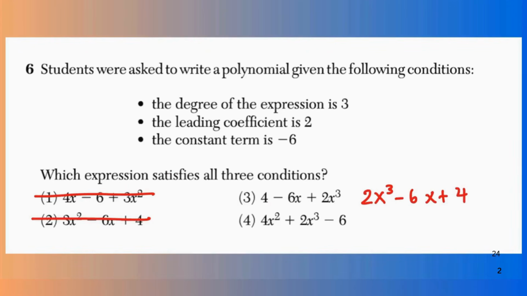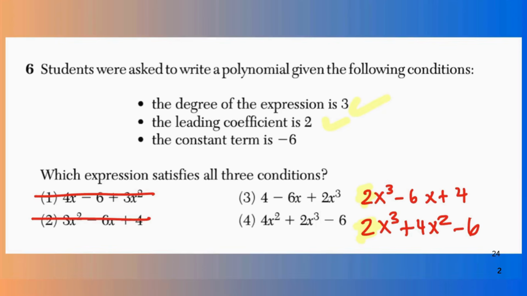So this is going to become 2x to the third power minus 6x plus 4. Now my exponents are in decreasing order, right? It's 3, invisible 1, and 0. And if I rewrite the second expression in standard form, I'm going to get 2x to the third power plus 4x squared minus 6. So now I see that both leading coefficients are actually 2, and so the second criteria is fulfilled by both of these expressions.